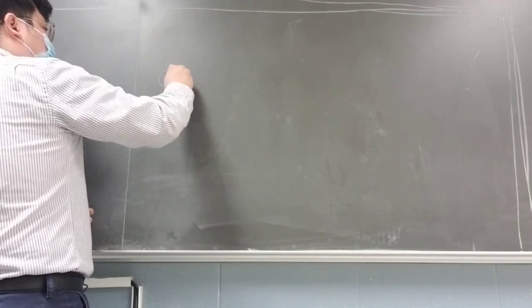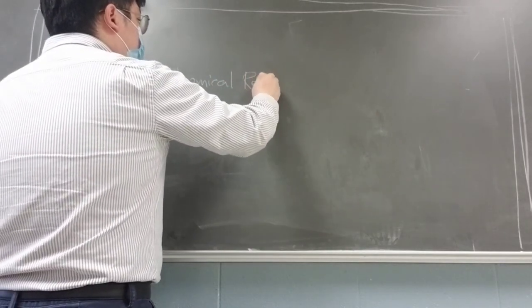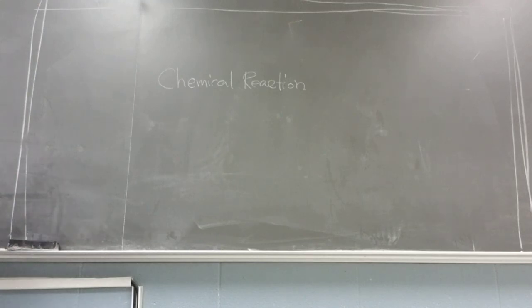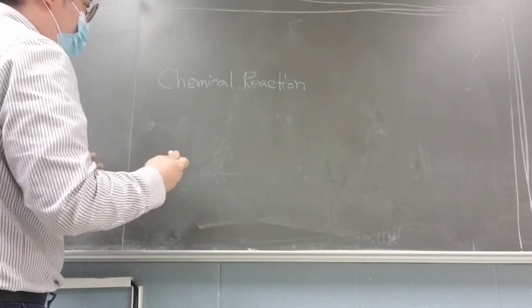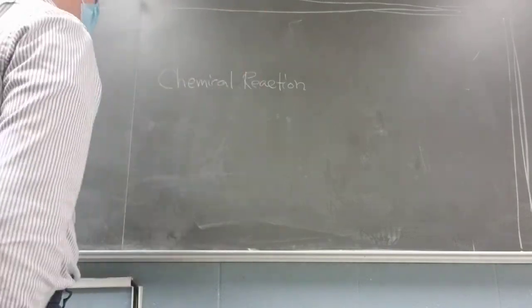Chapter 3 is about chemical reactions. Chemical reactions are simply where two different compounds or elements interact with each other, making a completely new product.